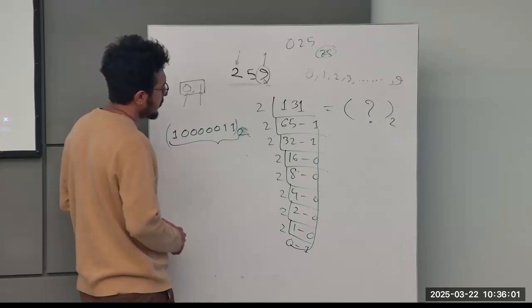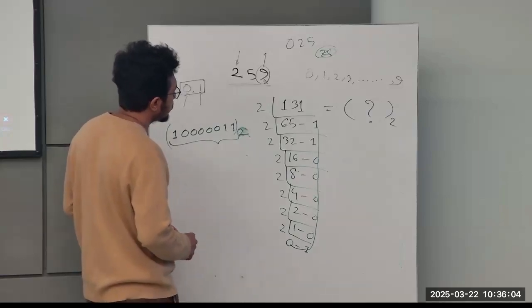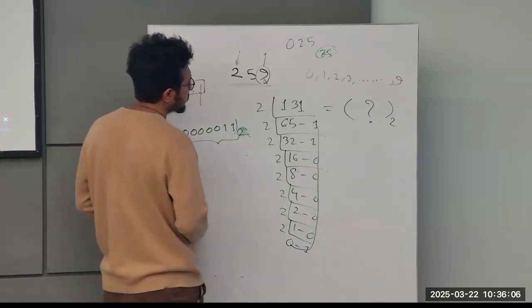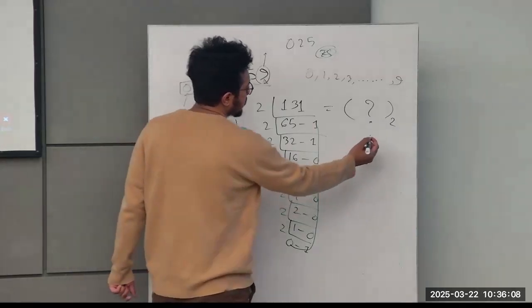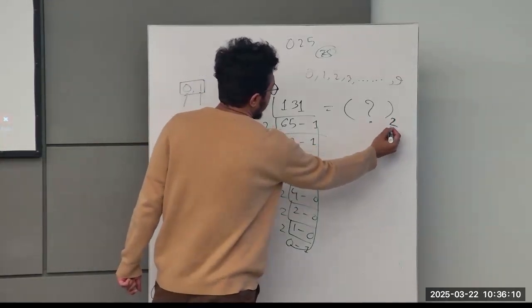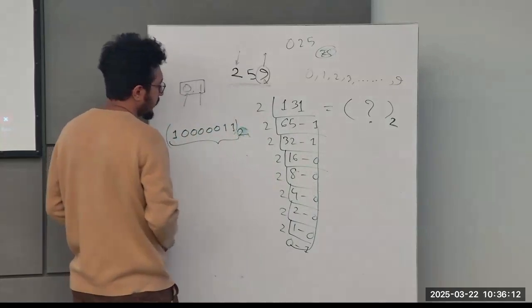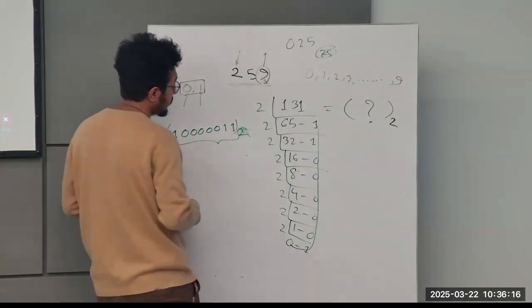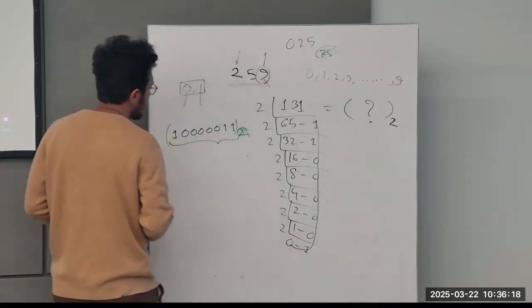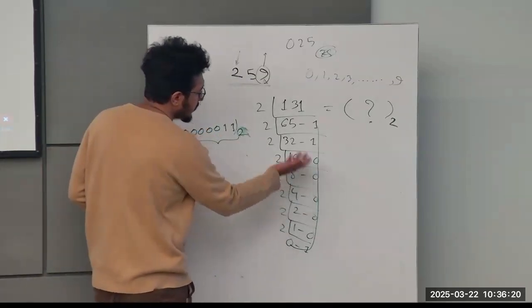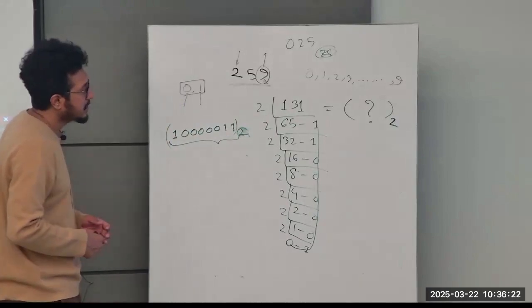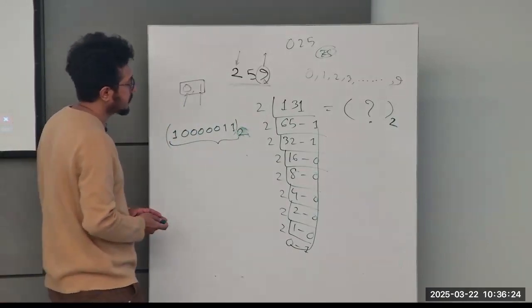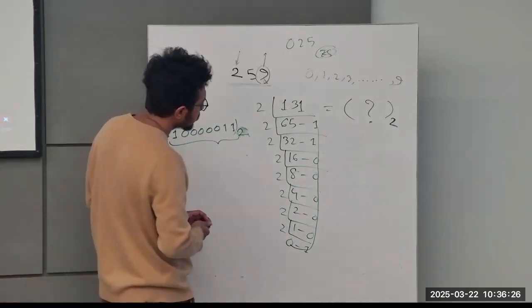Because now we have a much lower basis, a basis of 2 in the numbers. That's why we need a higher number of digits here. So that's how we can easily convert a decimal number into a binary number.